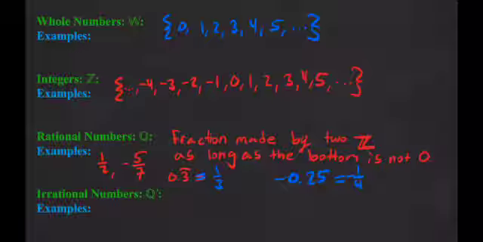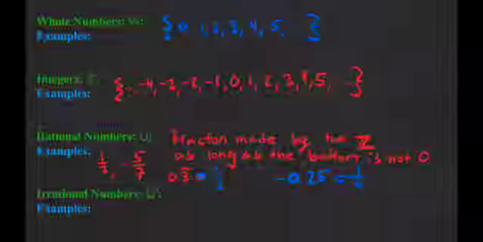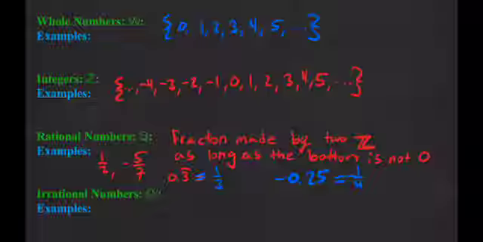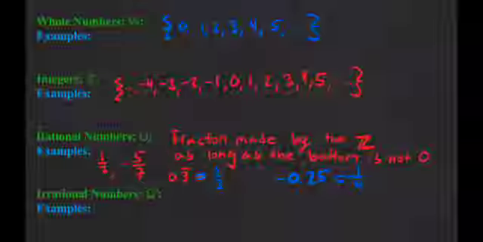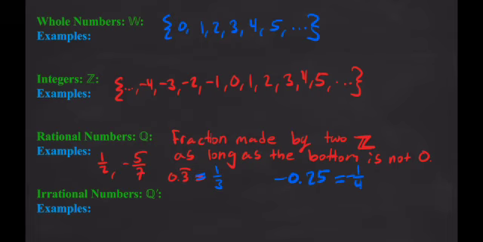If the decimal repeats itself over and over and over again, it can be written as a fraction. Okay? If the decimal goes on forever and does not repeat the same pattern, then it cannot be written as a fraction. And if that is true, then we say that that is irrational, not rational.